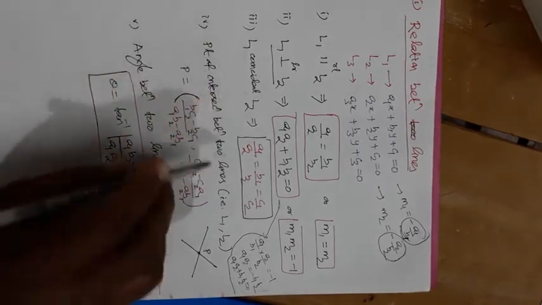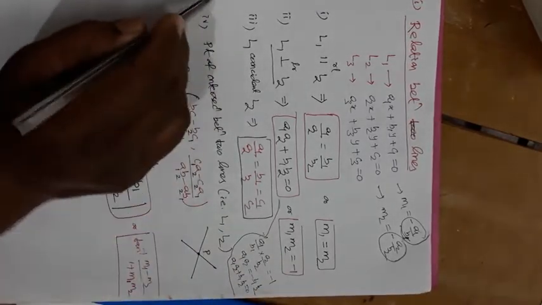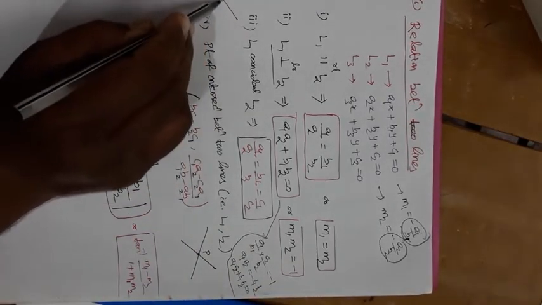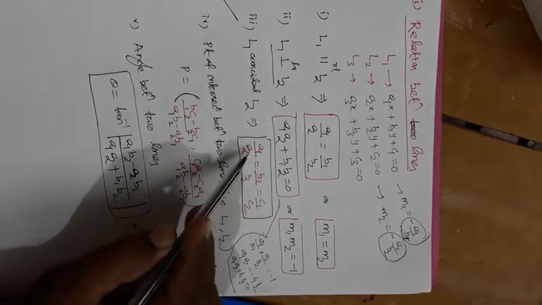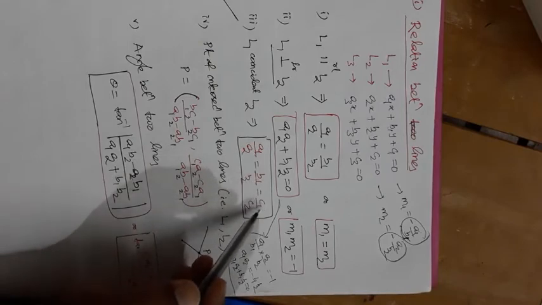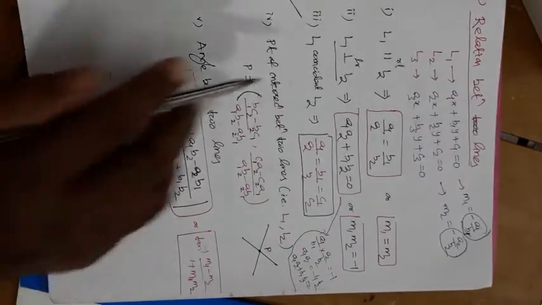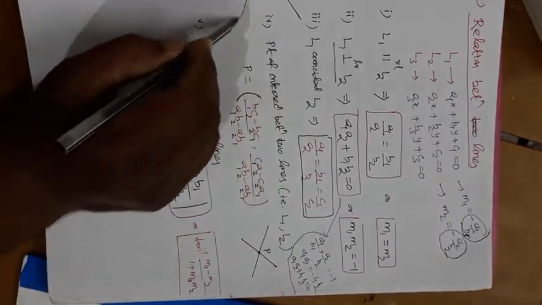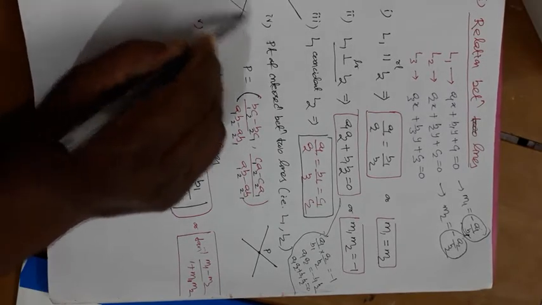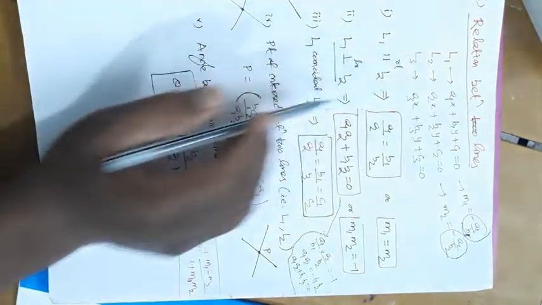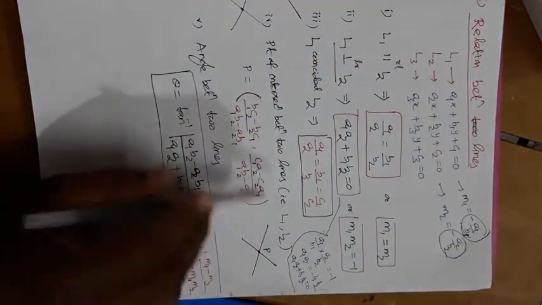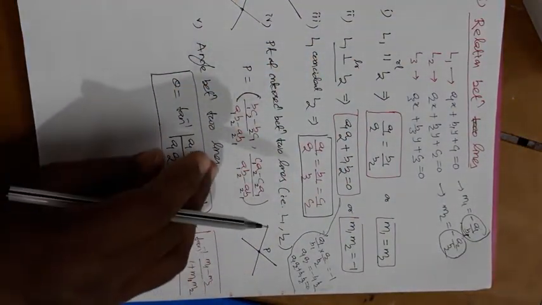When two lines are coincident, remember, one line is here and the other line is overlapping it. In that case, a1 by a2 is equal to b1 by b2 is equal to c1 by c2. What is the point of intersection of two lines? Suppose this is L1 and this is L2. What is the point of intersection? When you solve L1 and L2, you will get the point of intersection. You know this from class 9.